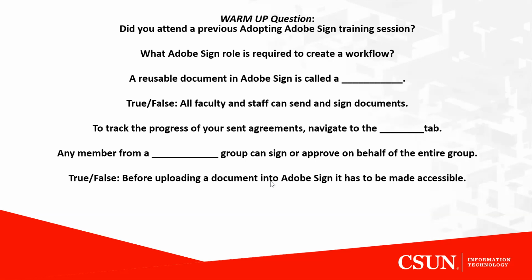So in that instance, it's sort of false, but anybody sending a document to somebody that they don't know, meaning it's for all campus to sign, or anyone can retrieve the workflow and send out the document for signature, everything must be accessible to the campus in that fashion.